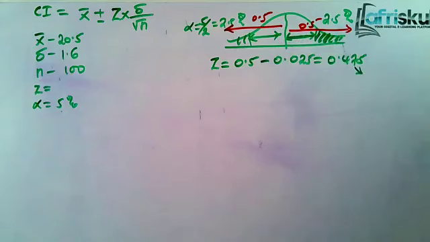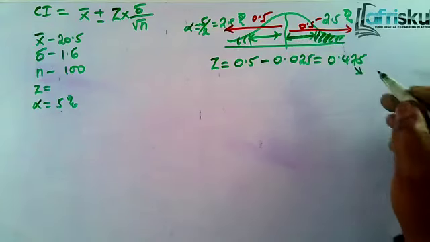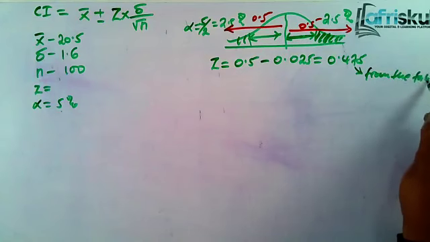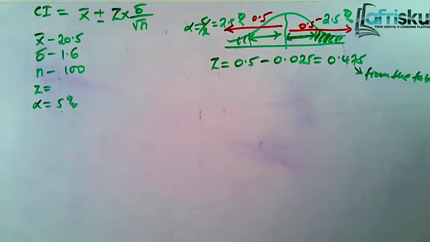If you want to get that specific probability, you read it from the table. You take out your normal distribution table. So you look for the normal curve table.